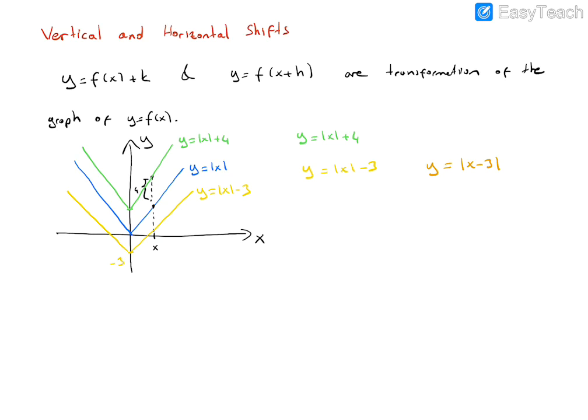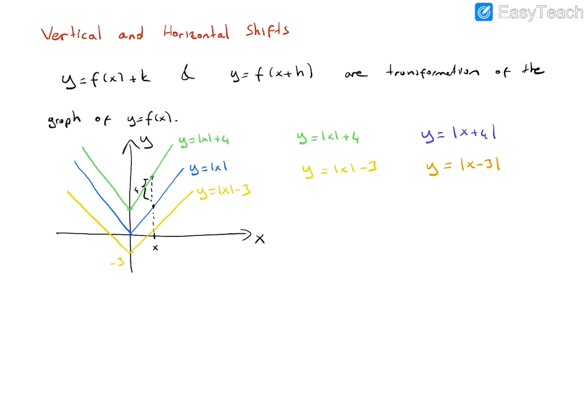The graph of y equals absolute value of x plus 4 is the same as the graph of y equals absolute value of x shifted to the left 4 units. Because for x equals minus 4, you obtain the 0 value. So when x equals minus 4, this edge point will go there. So we shift to the left.